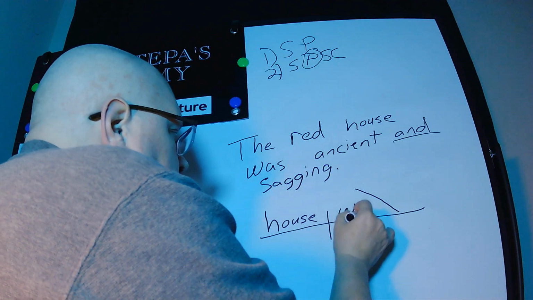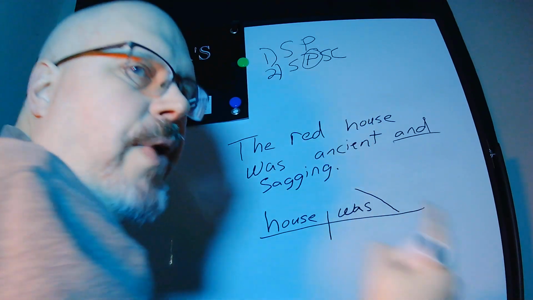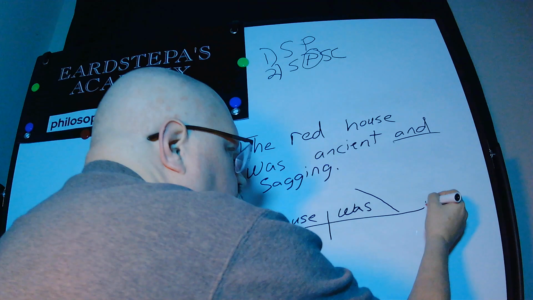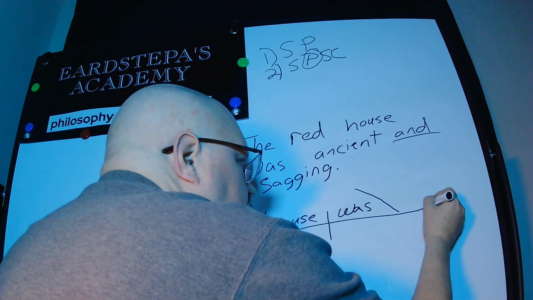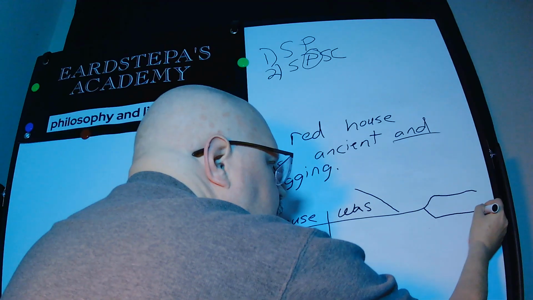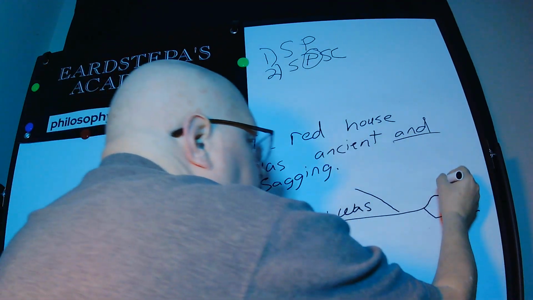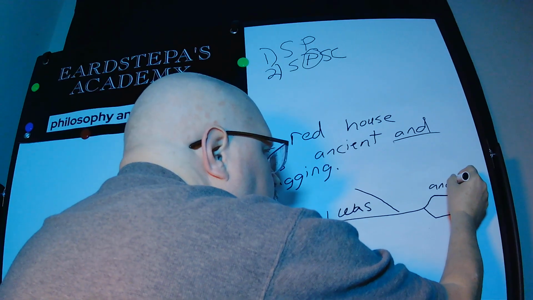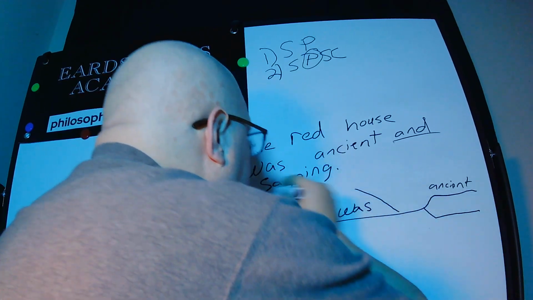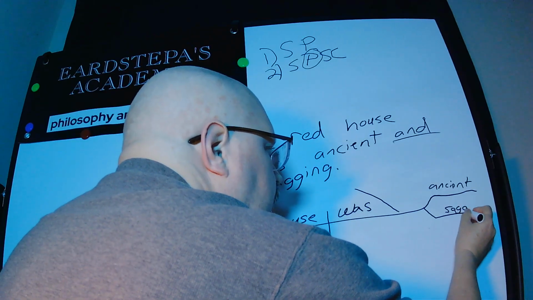So, what was the house? It was two different things. When you have two different things that have to go on one line, you have to split the line. So you're going to draw this little split, and one of them will go on the top, ancient, and the other will go on the bottom, sagging.